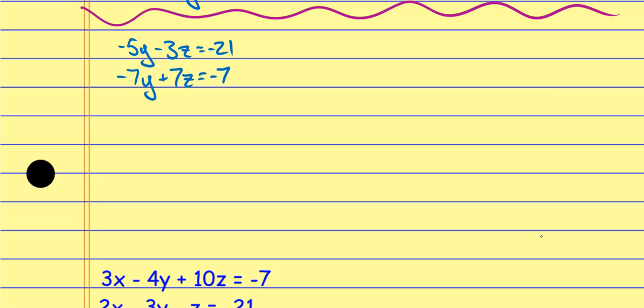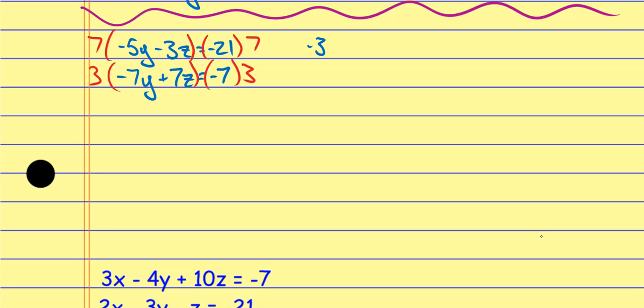All right? So for this one, I would probably try to eliminate z. So to eliminate z for this one, I have to multiply this first equation, looks like by a 7. And I have to multiply the second equation by a 3. Okay? So now let me write this new set of equations here.